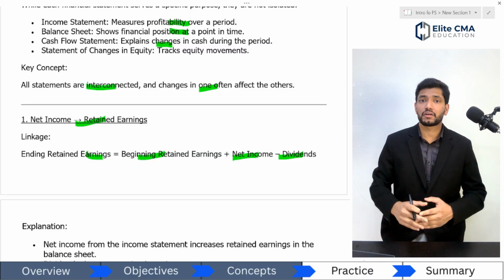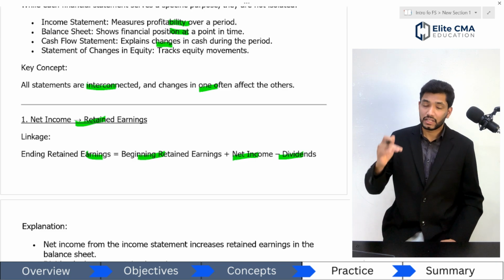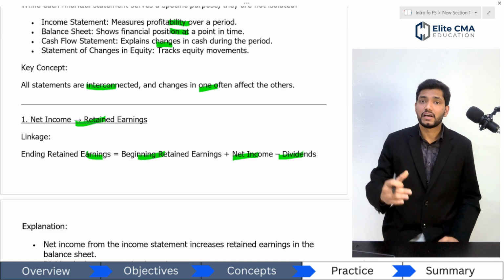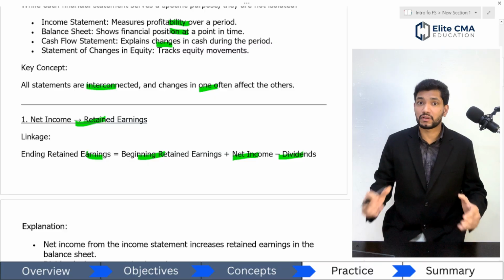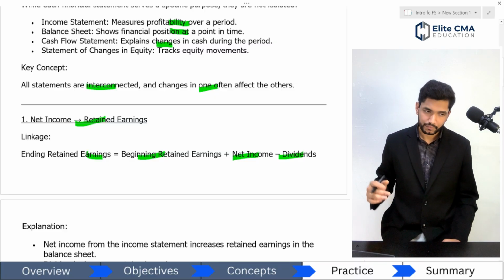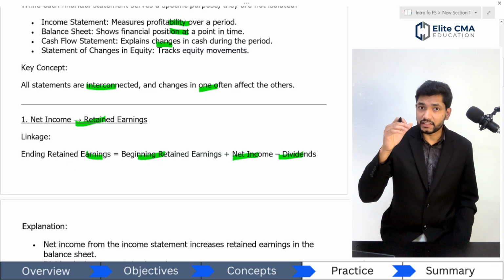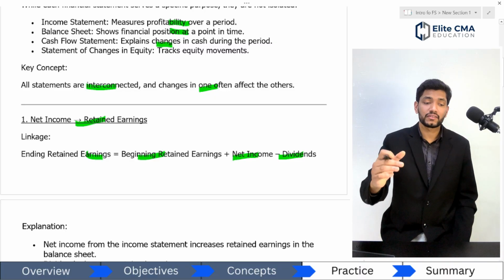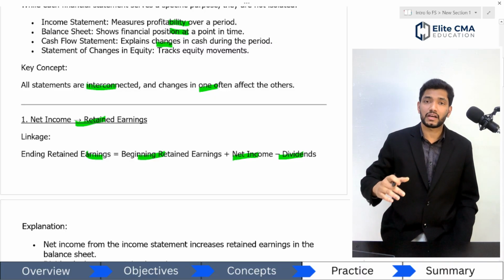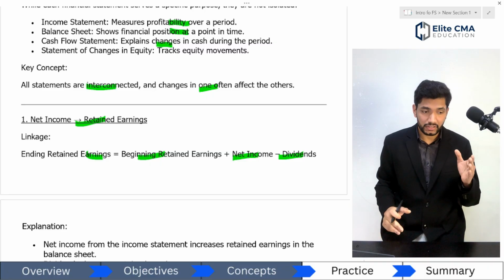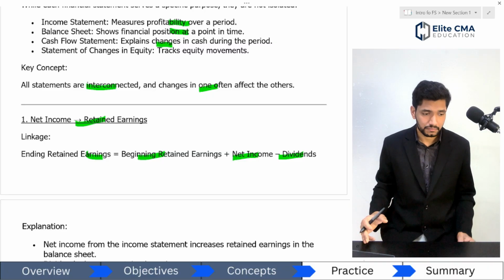If the company generates more profit and more net income, it will increase the retained earnings, and any dividend paid will reduce the retained earnings. To calculate the ending retained earnings, you add net income and subtract the dividend from the beginning retained earnings.